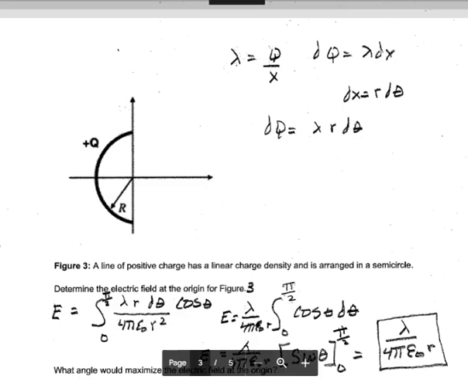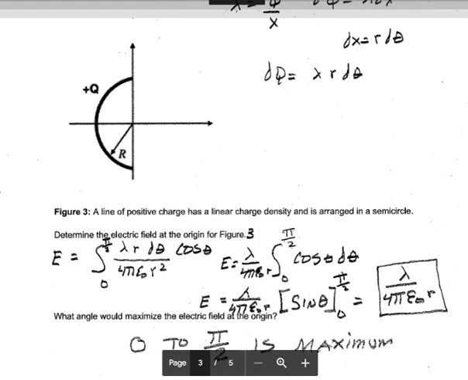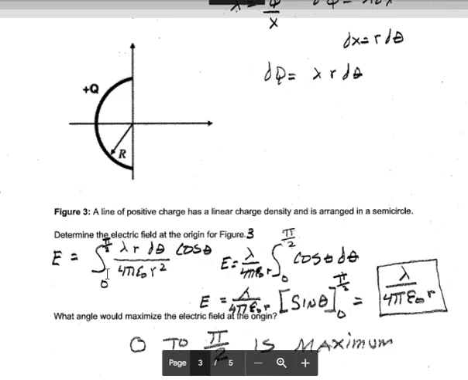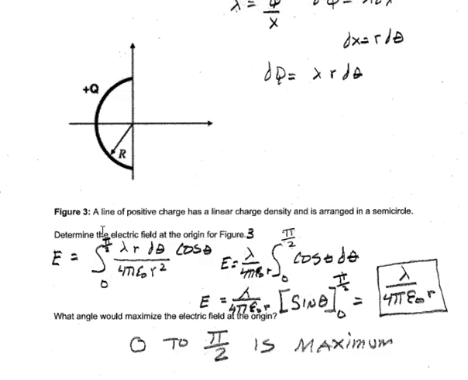Then we have to come up with our limits of integration. Our angle theta goes all the way through a semicircle. So we can consider this to be 0 degrees here, all the way to pi over 2. So our limits of integration are 0 to pi over 2.